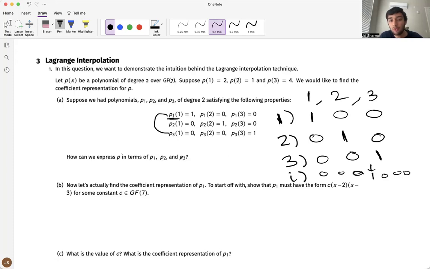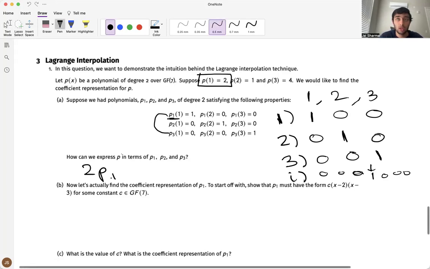Now here's the thing. In order to specify this particular point, I can say 2P1, of x, but I'll just leave that part out.